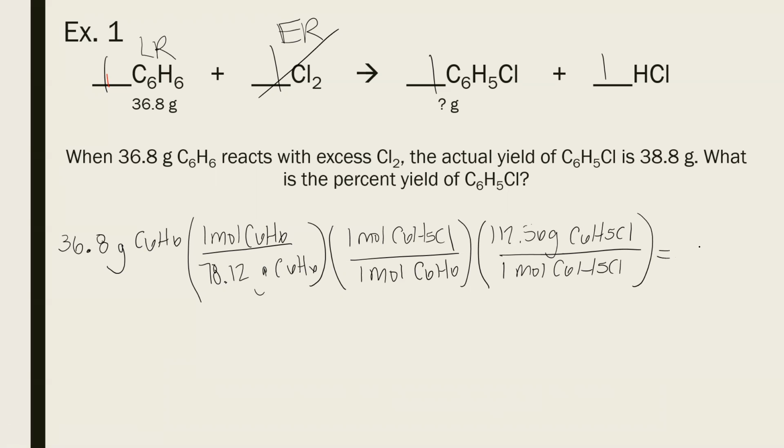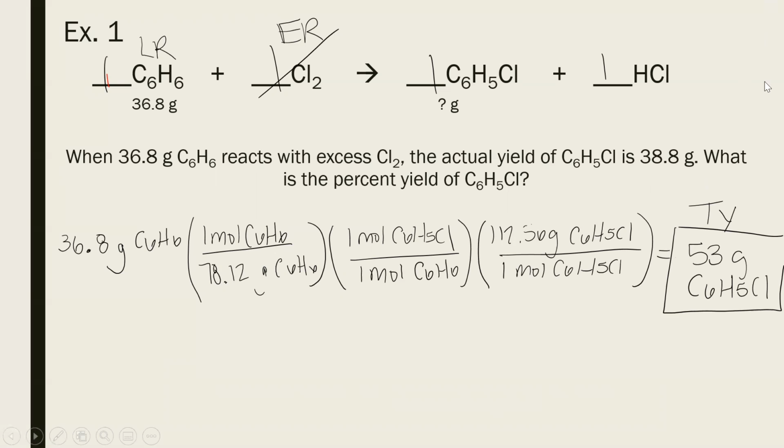Okay, plug that through your calculator, and I get about 53 grams of C6H5Cl, something close to that. Okay, this is my theoretical yield.